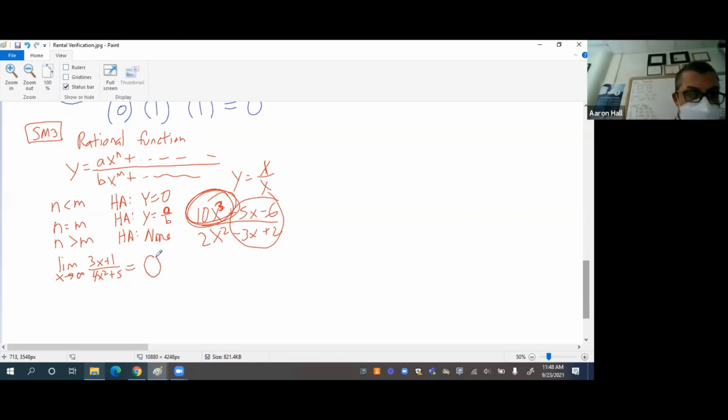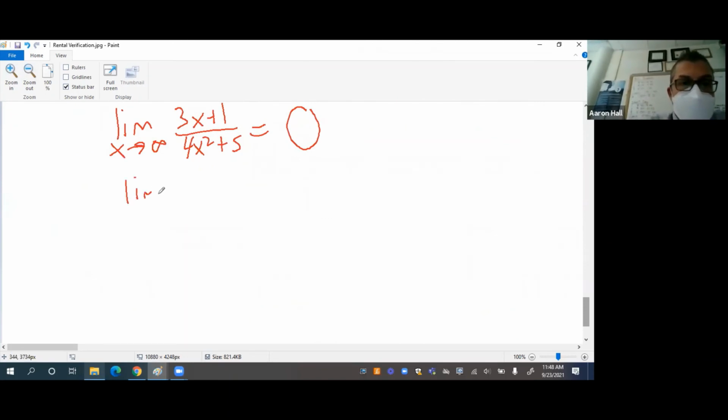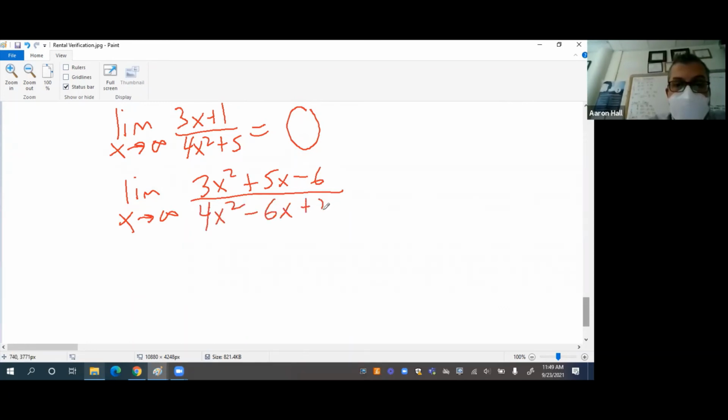What if I have the limit as x approaches infinity of 3x squared plus 5x minus 6 over 4x squared minus 6x plus 2? 3/4.